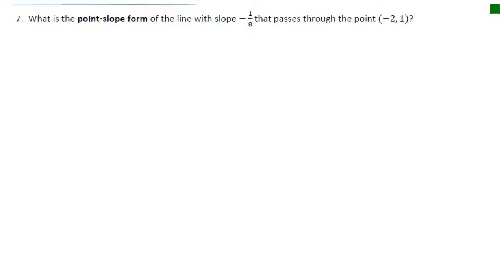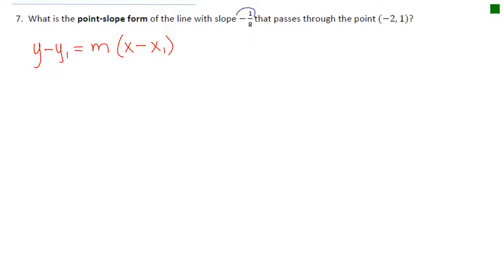Number 7 asks, what is the point slope form of the line with the slope -1/8 that passes through the point -2, 1? The first thing we need to know is what point slope form is. Remember, that's y minus y sub 1 is equal to m times x minus x sub 1, where y sub 1 and x sub 1 are our point, and our slope is the m.